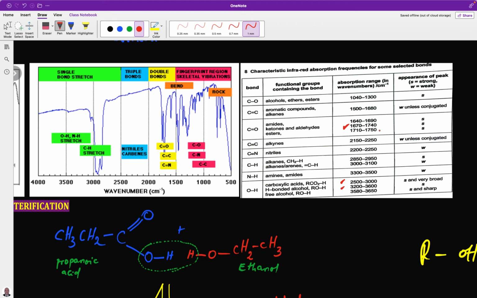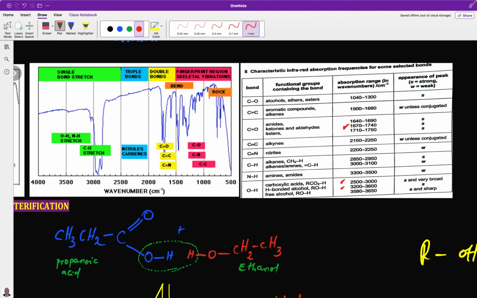The infrared spectrum for propan-1-ol will have no peak within the range of 1670 to 1740, because there is no carbonyl group in the alcohol.